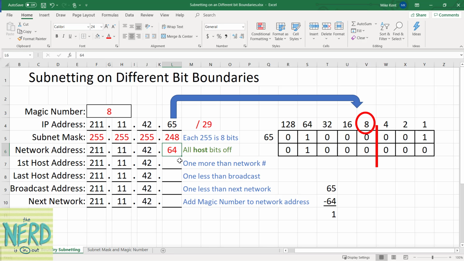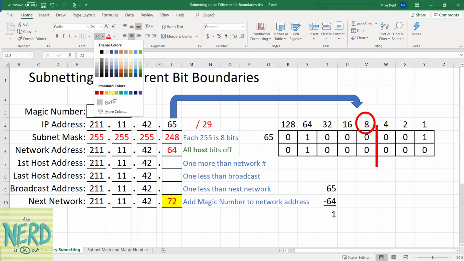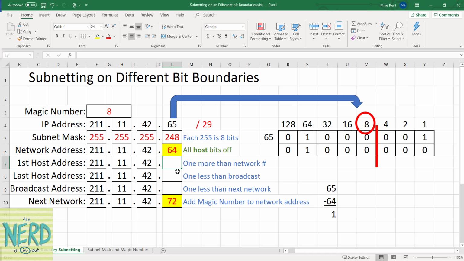My next network is 64 plus 8. 64 plus 8 is network 72. We've only got 3 host bits, so these networks are smaller. They've only got 8 IP addresses each. So if that's my next network, now I've got one bookend. I've got this bookend. Everything else comes in between. First host is 65.